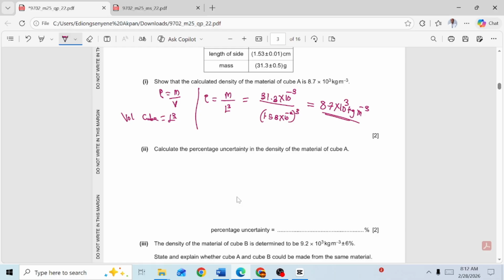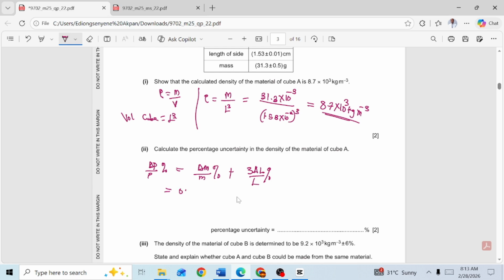Calculate the percentage uncertainty in the density of the material of cube A. Percentage uncertainty will be equal to percentage uncertainty in mass plus 3 times percentage uncertainty of length.